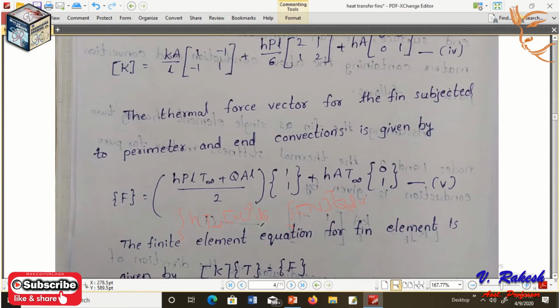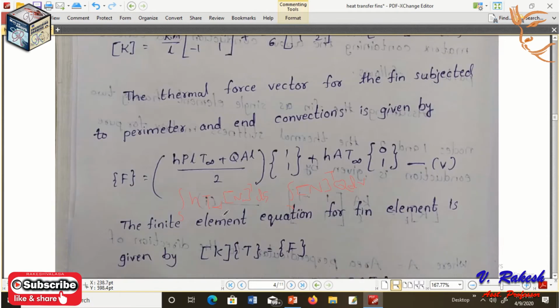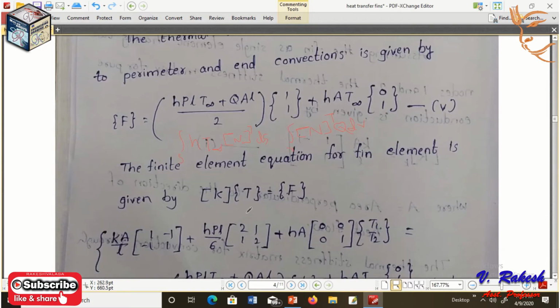The total force, that means the thermal forces due to lateral surface heat convection and internal heat generation, is (hPL T infinity plus QAL by 2) [1; 1]. The finite element equation for the fin element is given by K T equal to F, where F is the thermal force vector.